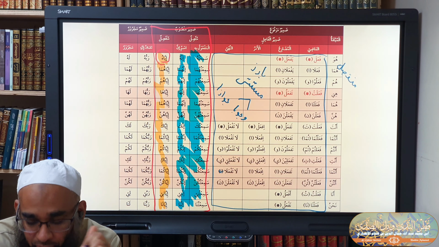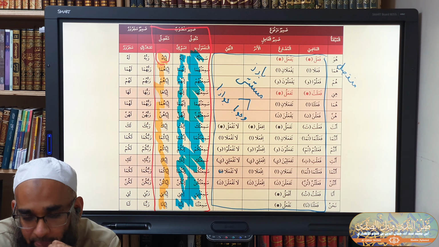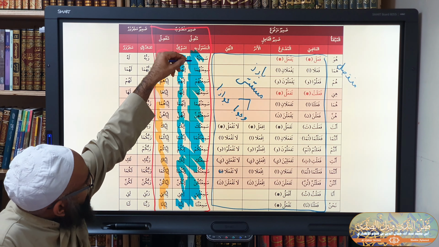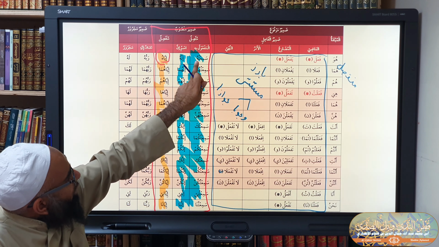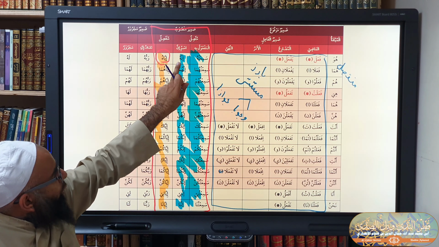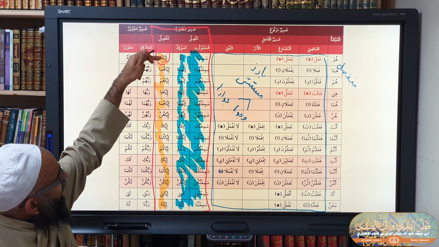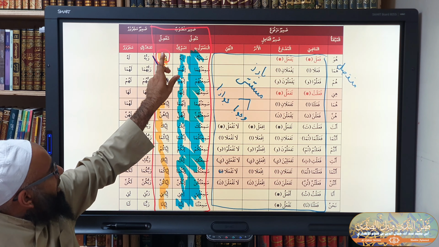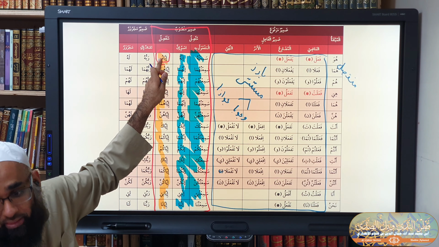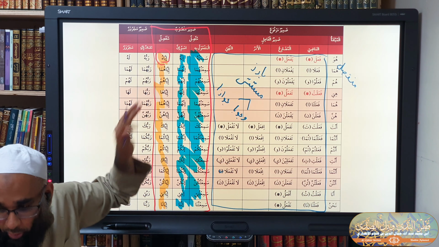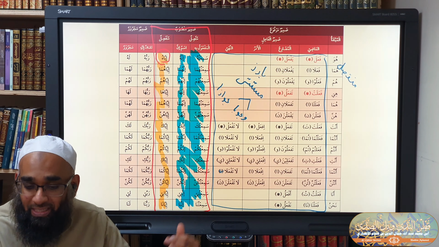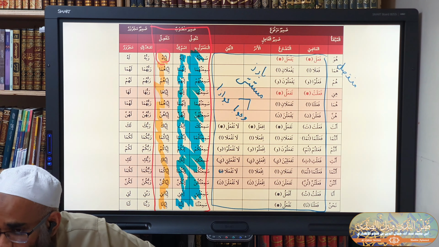No, so that's why it's called munfasil. But here, this hu is joined to the sami'tu, and the hu is joined to the inna. That's why these are all muttasil. And the iyahu comes on its own. It doesn't come as sami'tu iyahu together, or inna iyahu. The iyahu exists on its own, independently from the fa'il or the ism of inna.